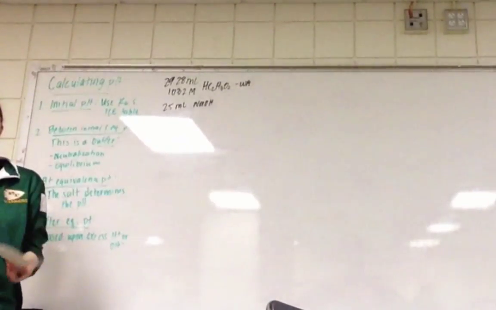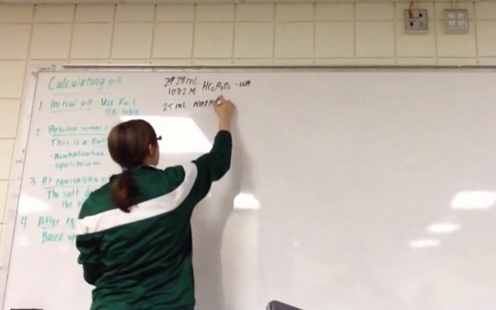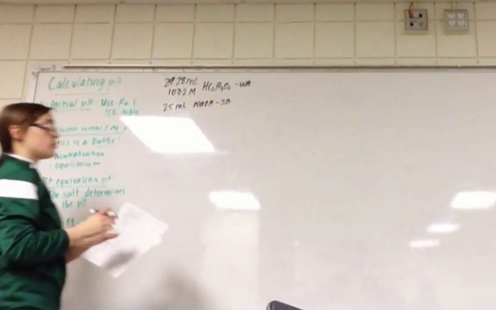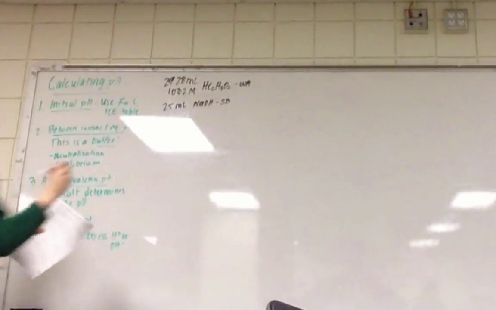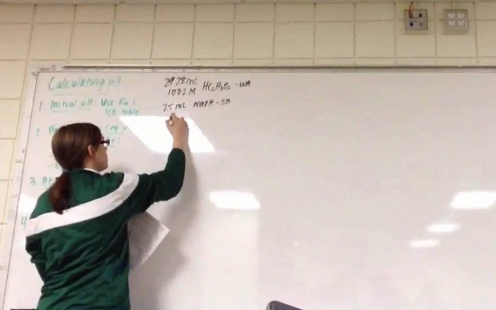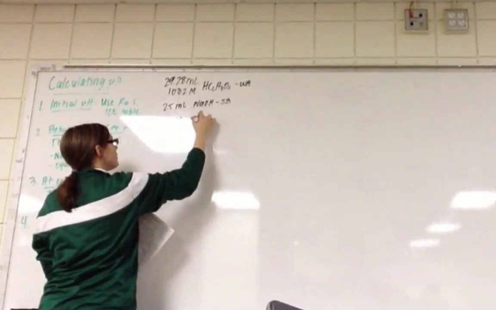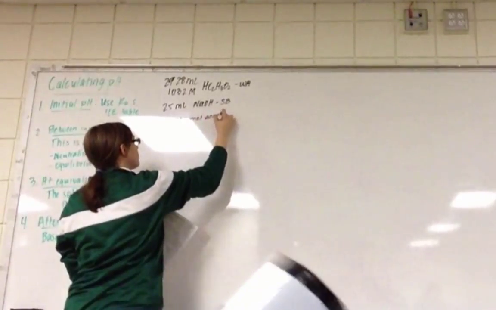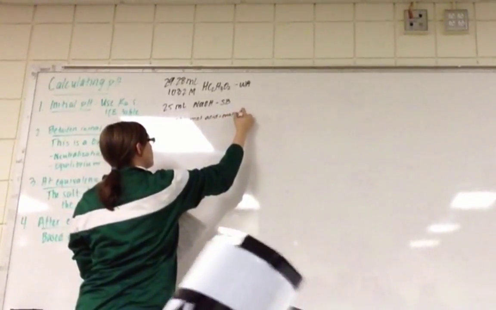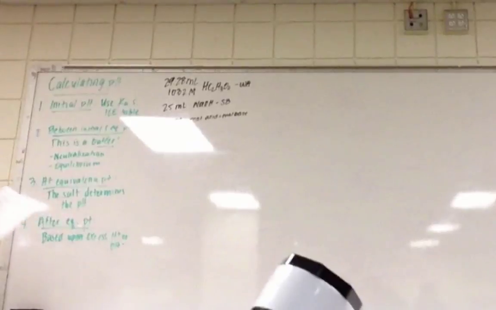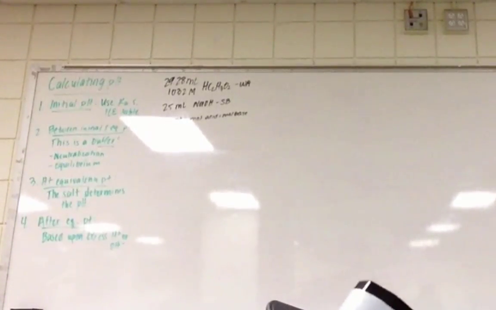We don't know what the concentration is, but NaOH, label, strong base. And we know that we're at the equivalence point. That's so helpful because what's true at the equivalence point? Moles of acid equals moles of base. So, that's helpful.